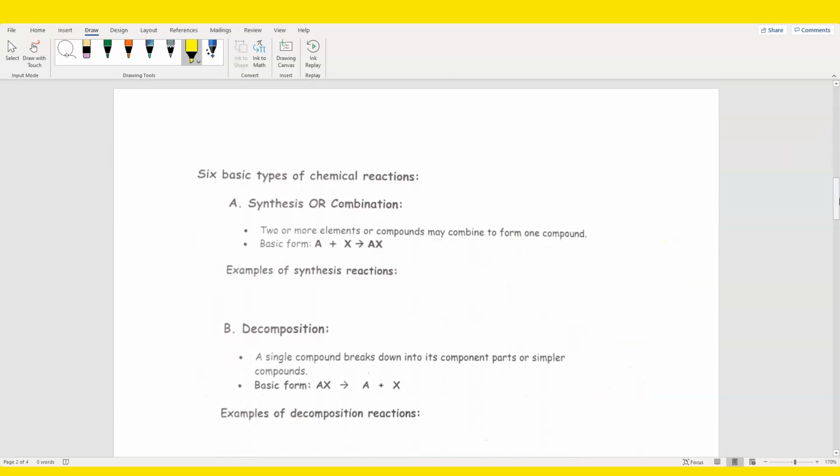But before we get into those, we need to first determine chemical reaction types. Now, there are 6 basic types of chemical reactions that I want you to know about, and I'm going to start off with the very first one. Synthesis or combination. That just simply means you have 2 or more elements that form a compound, okay?